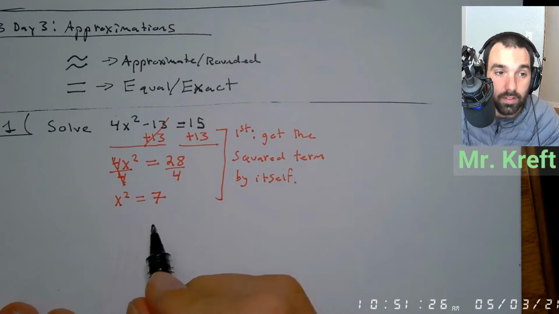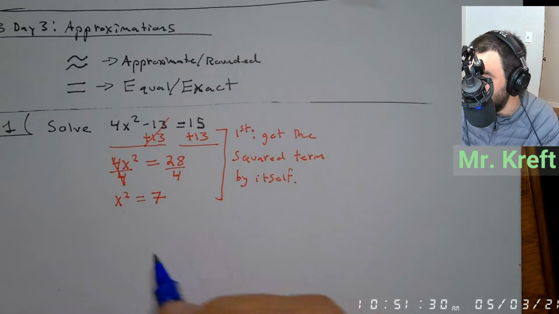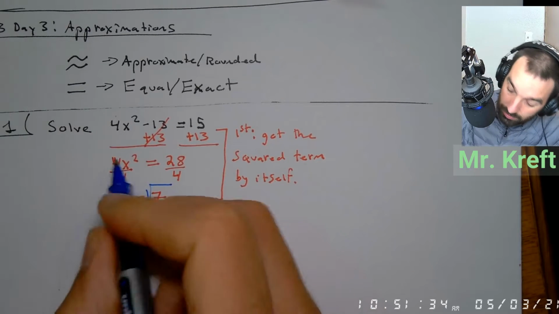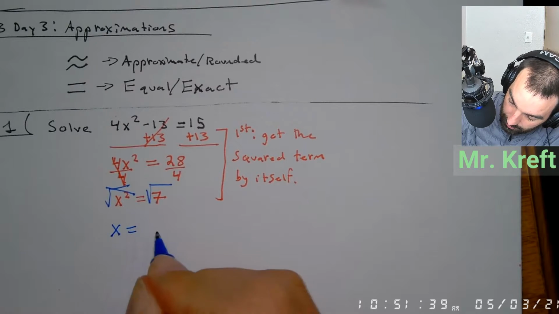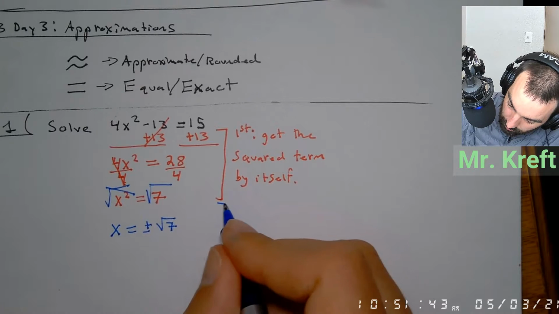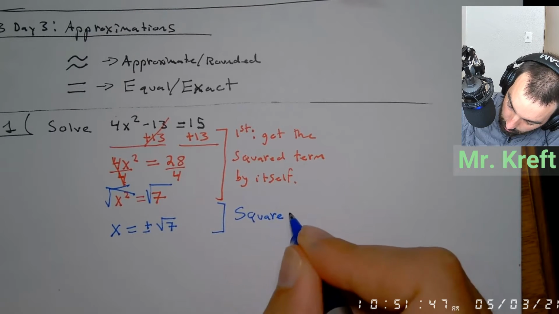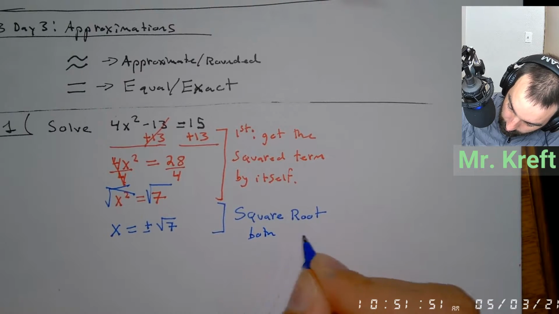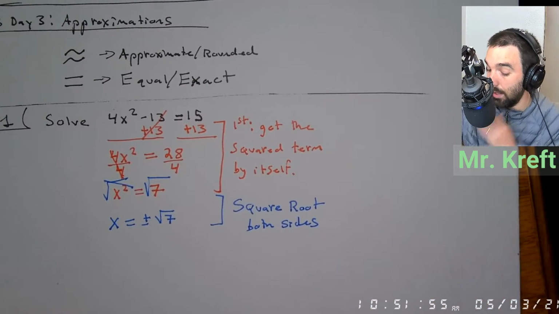Then we're going to get the x by itself, so I'm going to square root both sides. When I square root both sides, the square and the square root go away, so I get x equals plus or minus root 7.